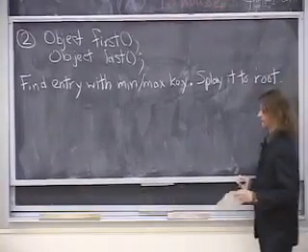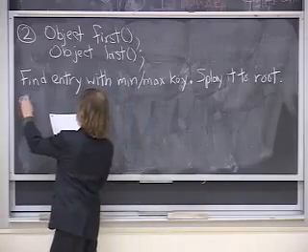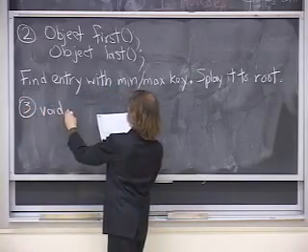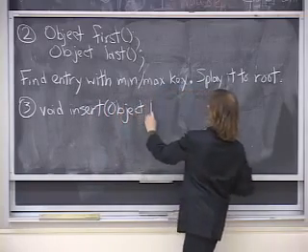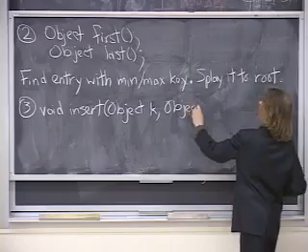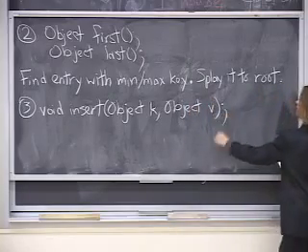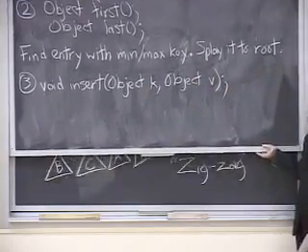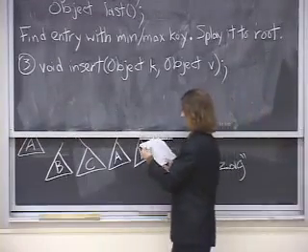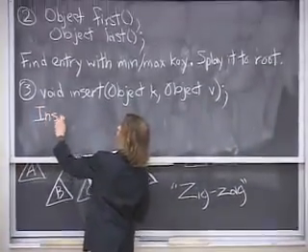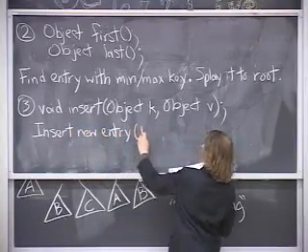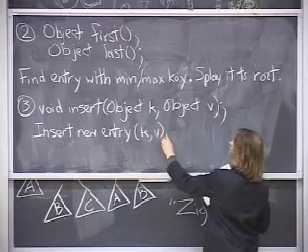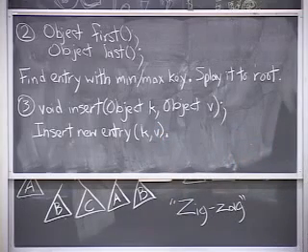That's it. When you want to insert a new entry into a splay tree, with a key of k and an associated value of v, so we're using our usual entries with a key and an associated value, you insert the new entry kv into the tree exactly the same way you do with an ordinary binary search tree.